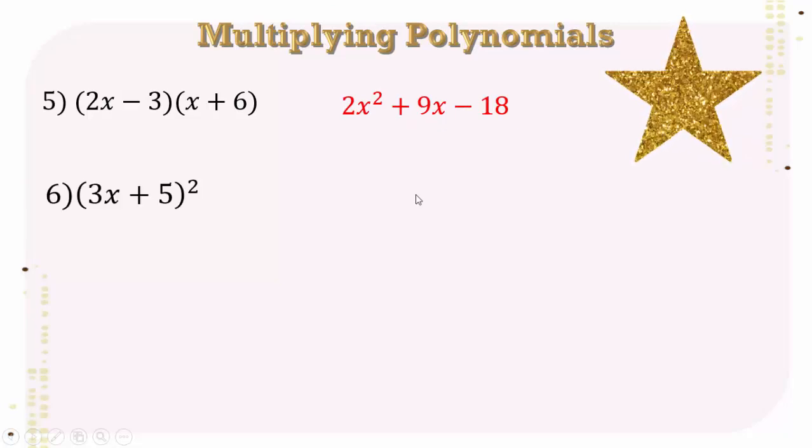In number 6, we're asked to do 3x plus 5, and this whole thing is squared. So let us go to the whiteboard and see exactly what this means and how it works. In example number 6, we have a situation where we have 3x plus 5, where this whole thing is squared.